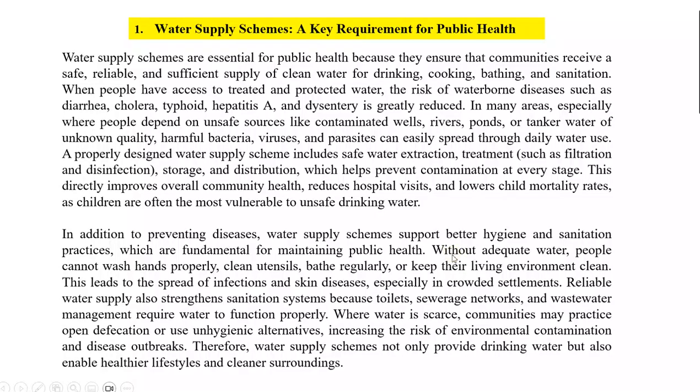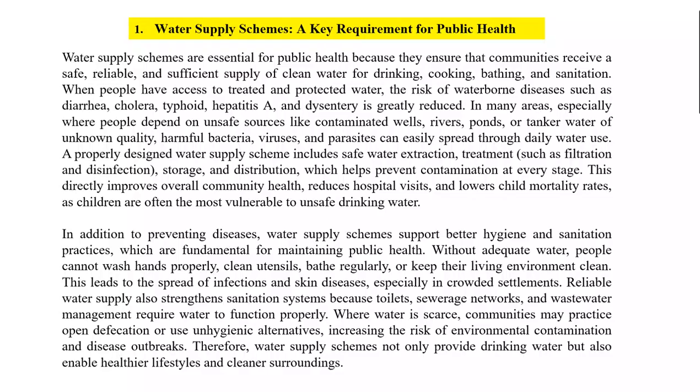Without adequate water, people cannot wash hands properly, clean utensils, bathe regularly, or keep their living environment clean. This leads to the spread of infections and skin diseases, especially in crowded settlements. A reliable water supply also strengthens sanitation systems because toilets, sewerage networks, and wastewater management require water to function properly.